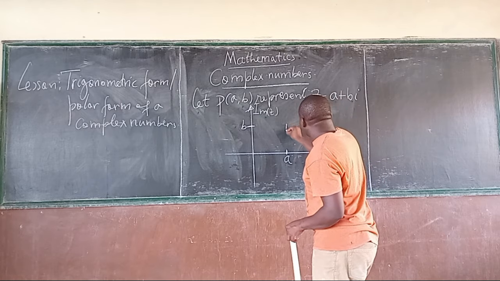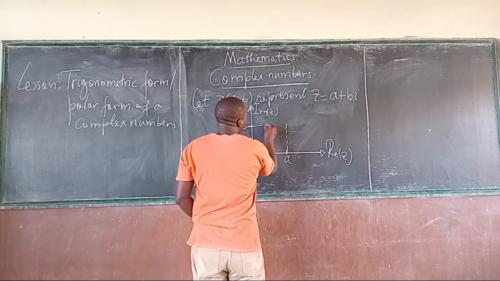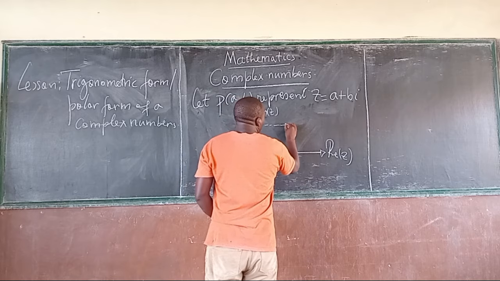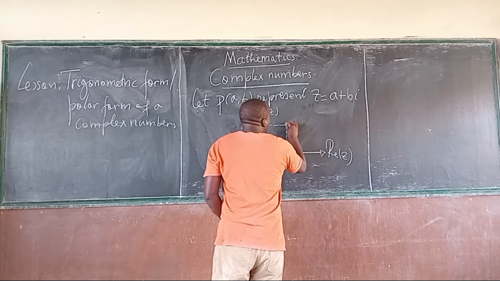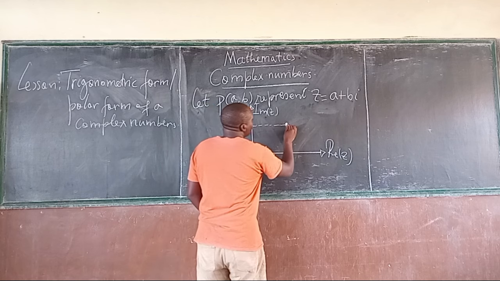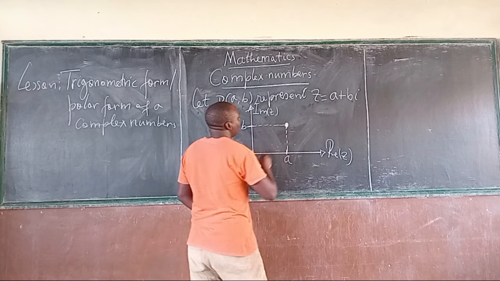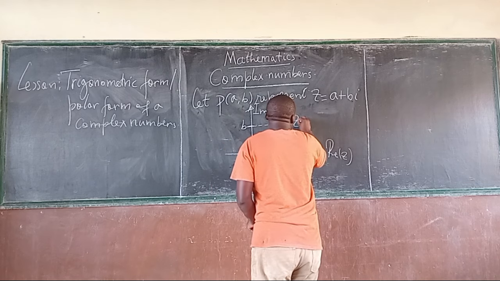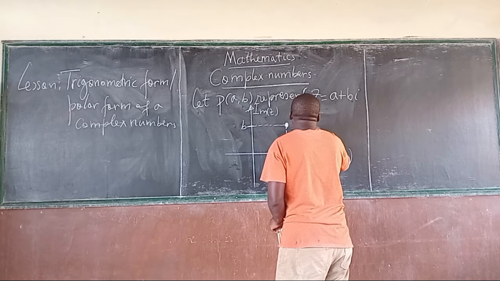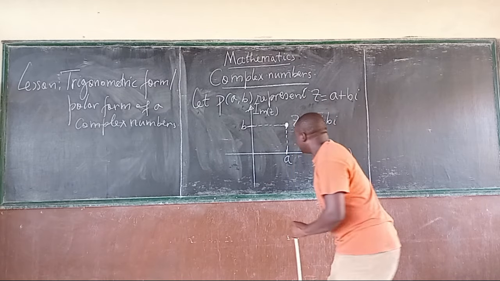I'm going to find where this part a and this part b meet on our Argand diagram. Look, teachers, at how to find the meeting point. The two parts you are given, the real part and the imaginary part, meet at this point. Then this point becomes our given complex number z equal to a positive bi.